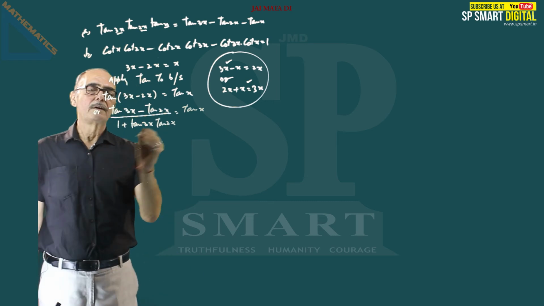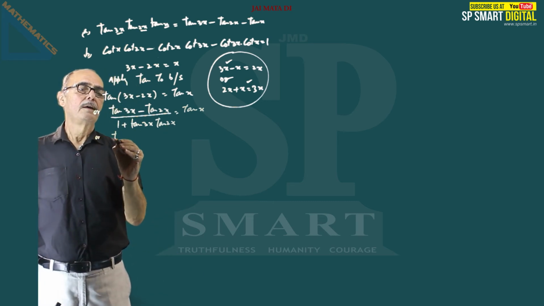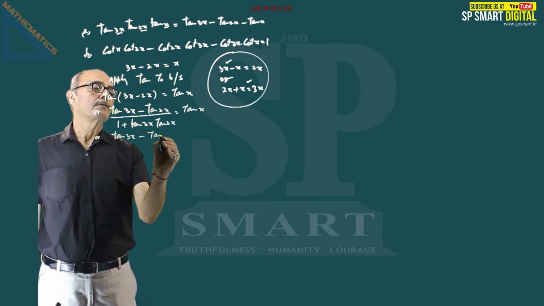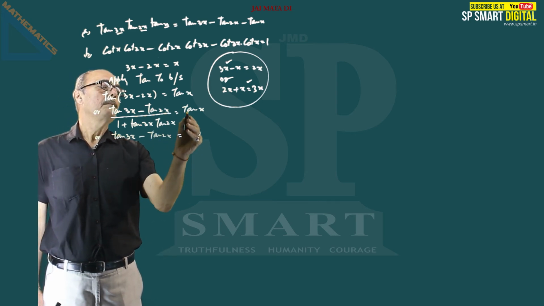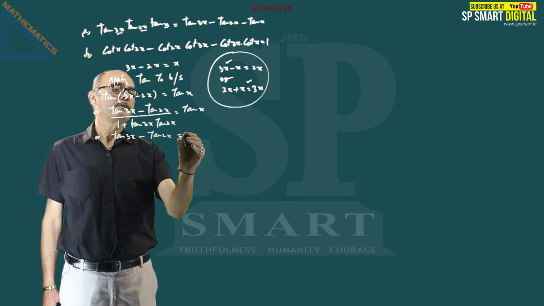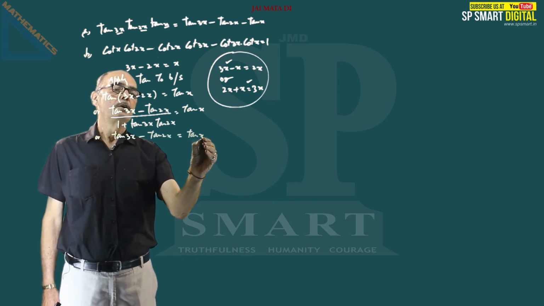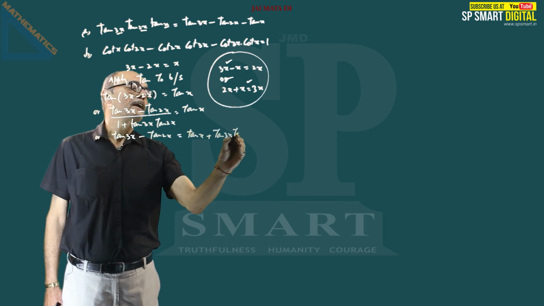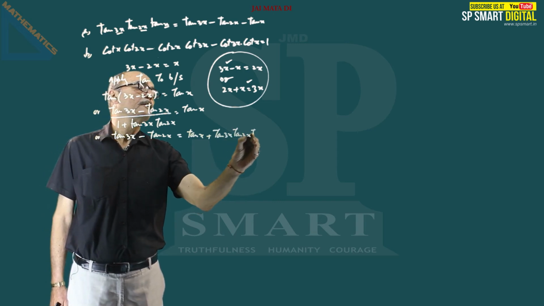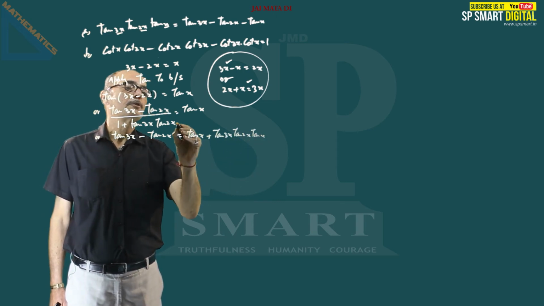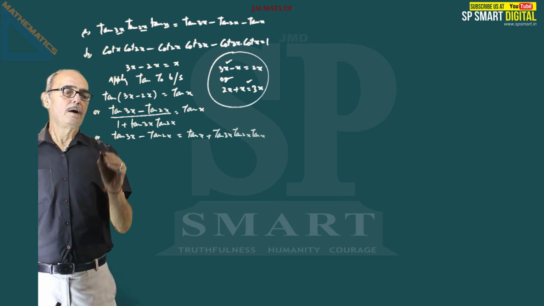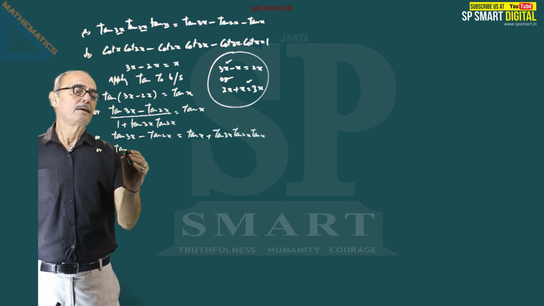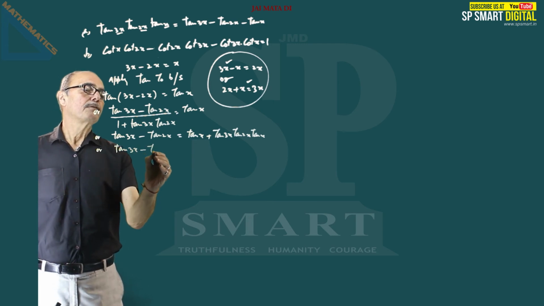Multiplying crosswise, we have tan of 3x minus tan of 2x equal to tan x plus tan 3x tan 2x tan x.